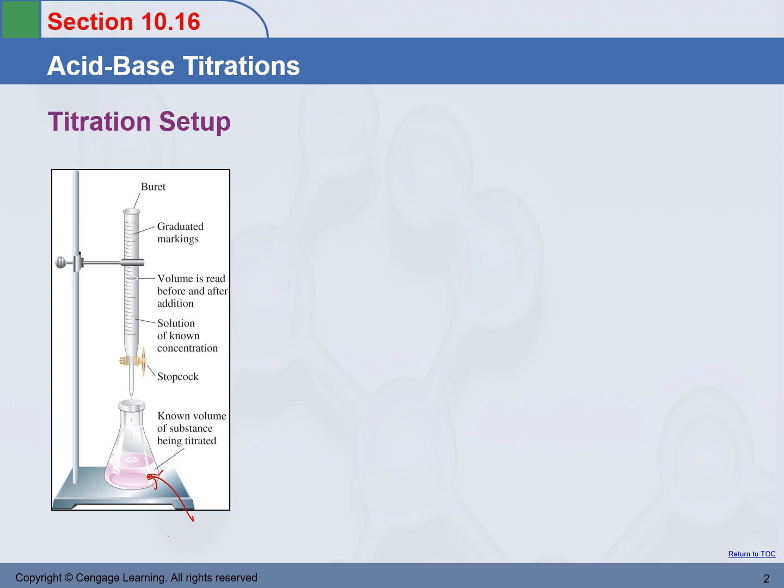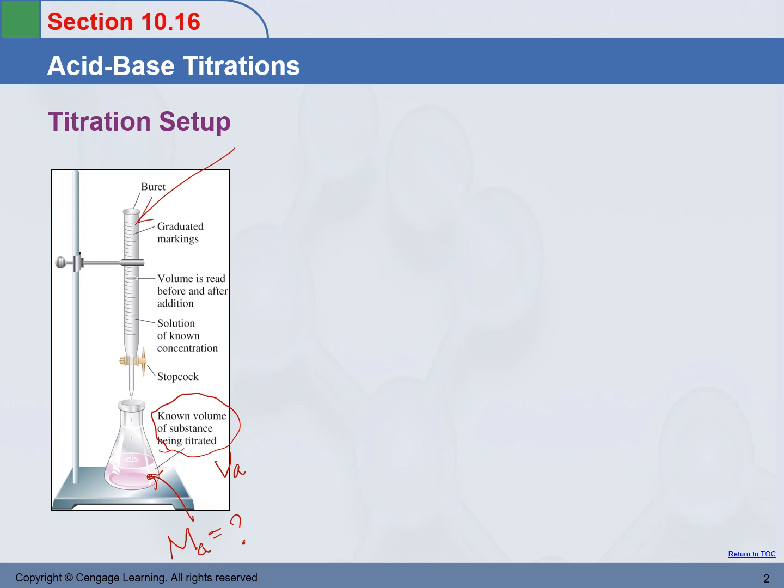So this acid has a molarity of Ma, which is the one we need to determine. You place this acid solution with a known volume. So Va, the volume of the acid you place in this beaker, is known. So you measure a certain volume of the acid with unknown concentration and pour it into that beaker.